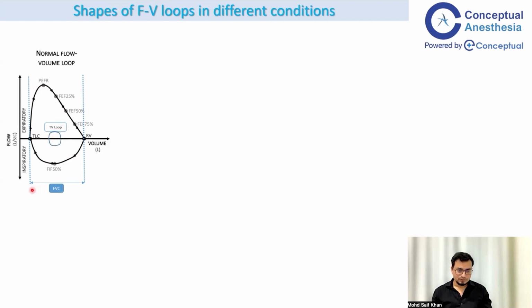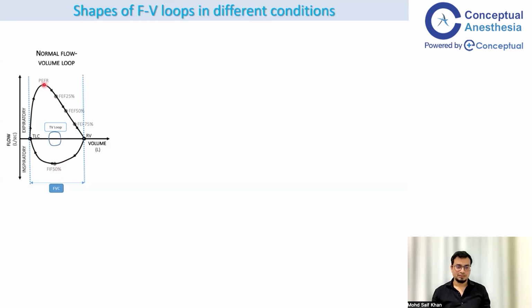And you should also remember the FIF 50%. What is FIF 50%? This is basically forced inspiratory maximal flow. This is the other name for the maximum inspiratory flow, or the peak inspiratory flow. At 50% of vital capacity, the peak inspiratory flow is usually maximum. This is why it is called forced inspiratory maximal flow, or FIF 50%.